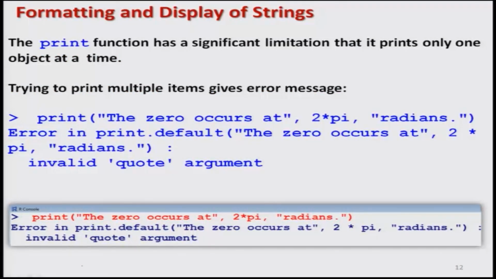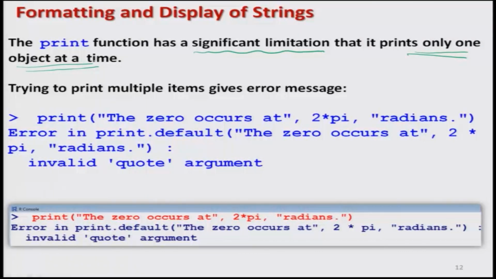Now, something more about this print function and some of its problems, and then the answer comes how to solve them. The print function has a very significant limitation: it prints only one object at a time. This means what? Let us take an example.